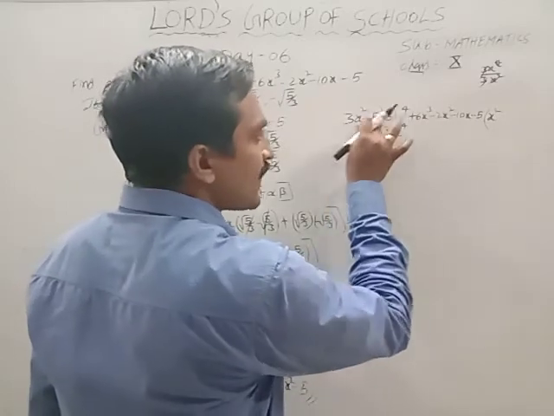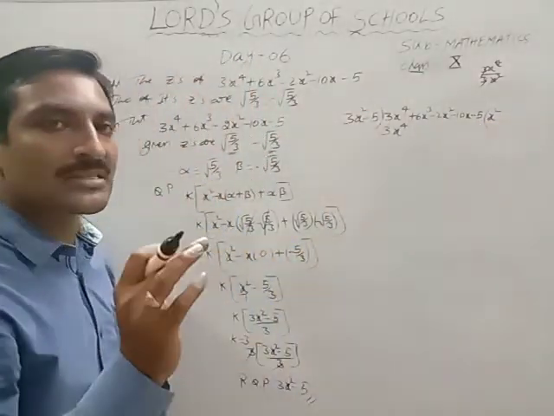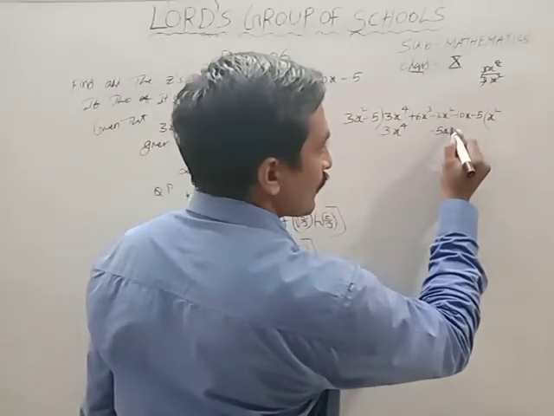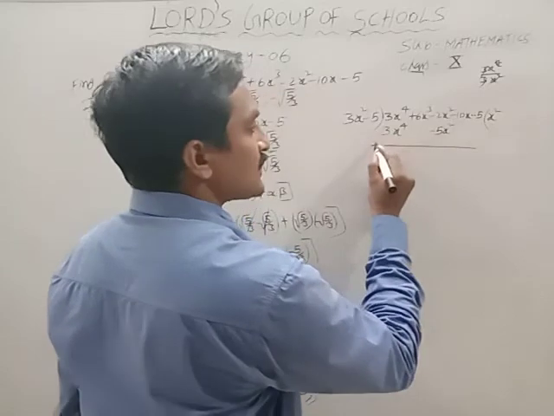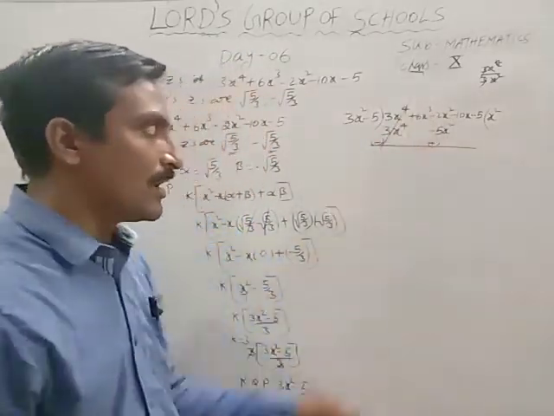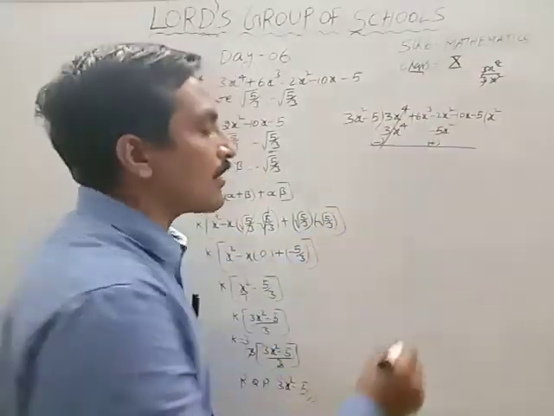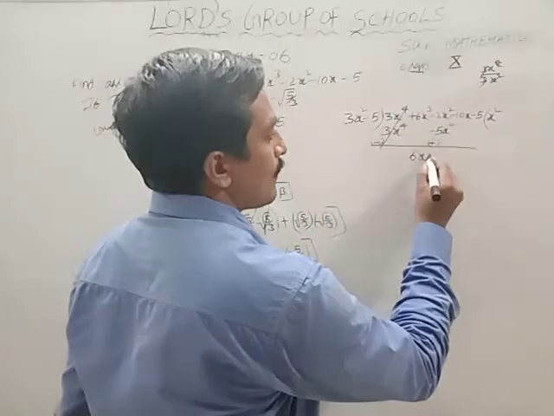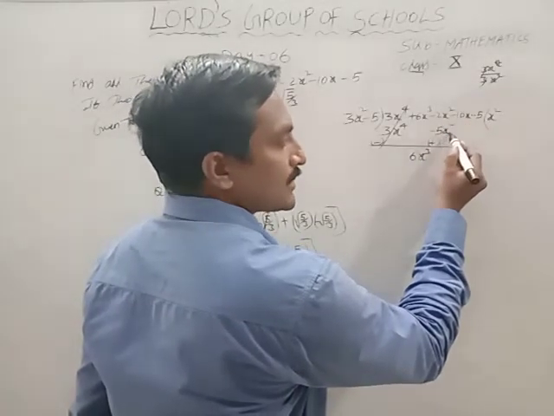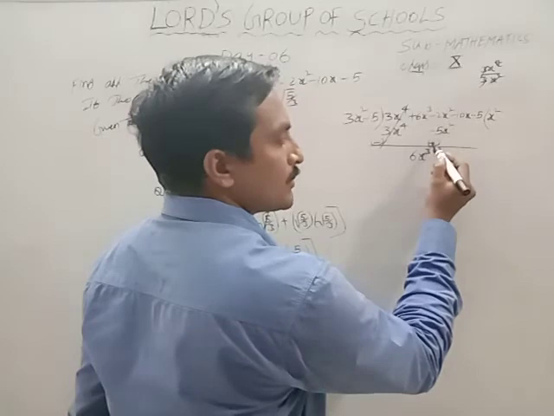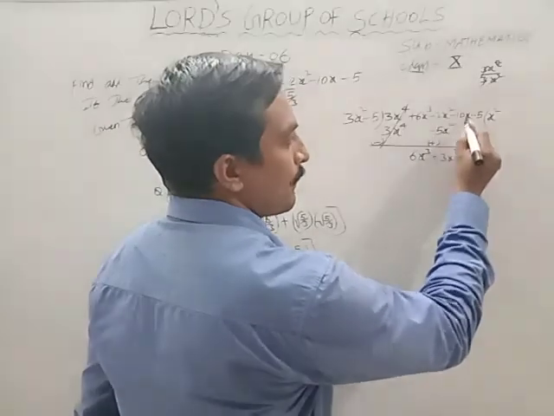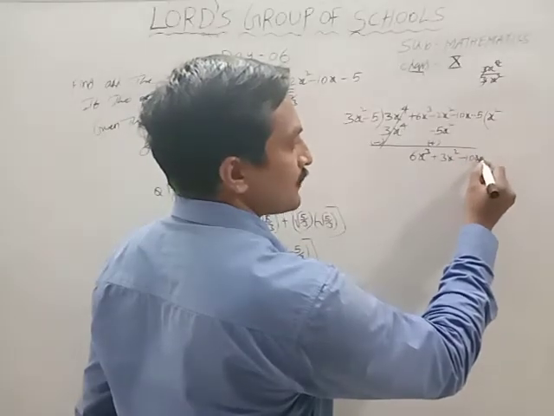Next minus 5 into x square, minus 5x square. Write x square down only. Plus is there, minus is there, these two will be cancelled. 6x cube as it is you have to write. Minus 2x square plus 5x square, negative, positive, subtraction, plus 3x square minus 10x minus 5.